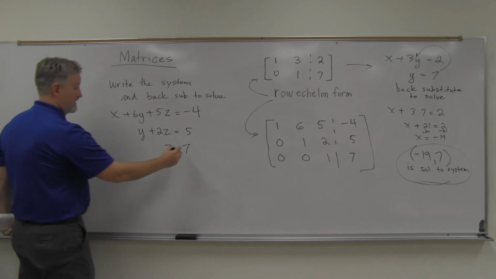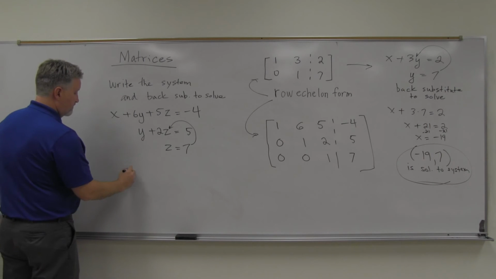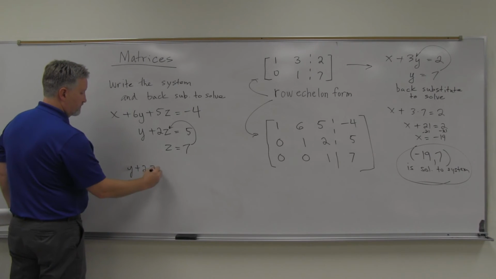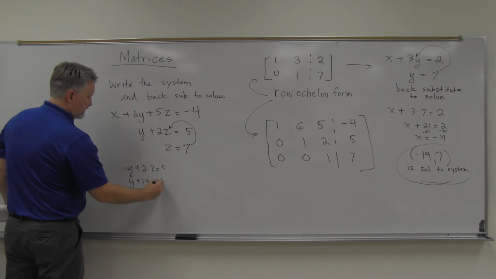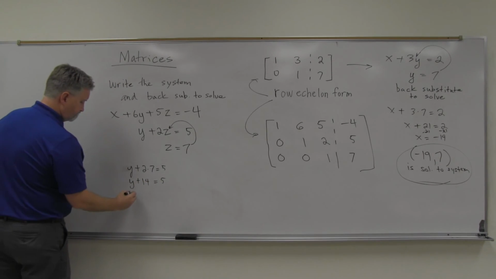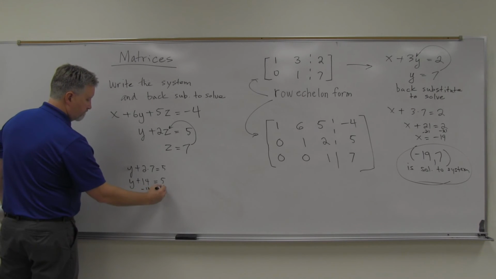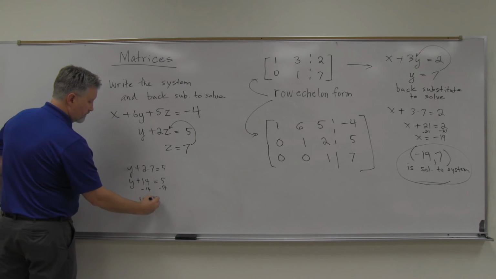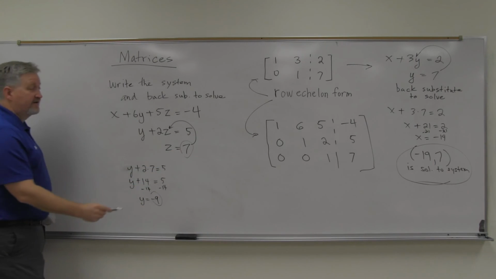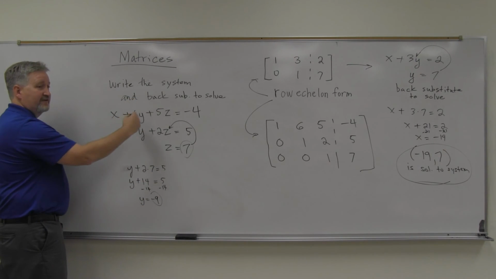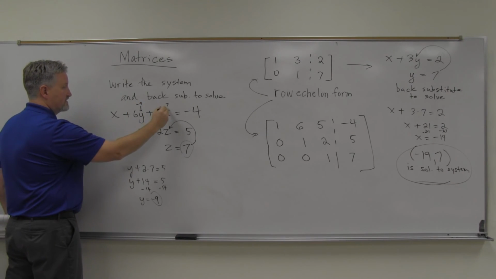We can back substitute and get the other variables, can't we? Because in the second equation, I've got z as 7, so that would be y plus 2 times 7 equals 5, so I get the value for y. -9? Yep. Now I have the z and the y, so can I plug those into the first one? The y is -9 and the z is 7.